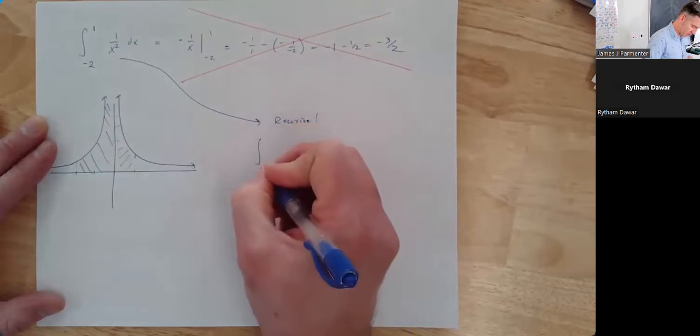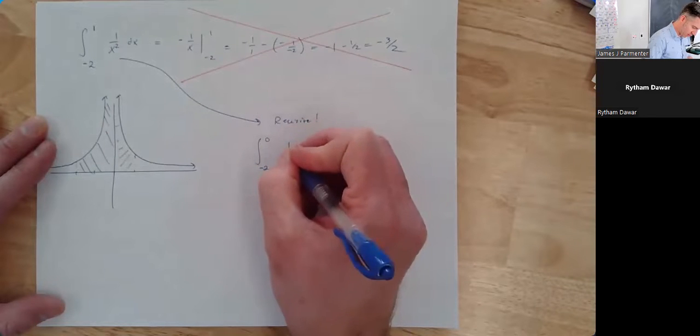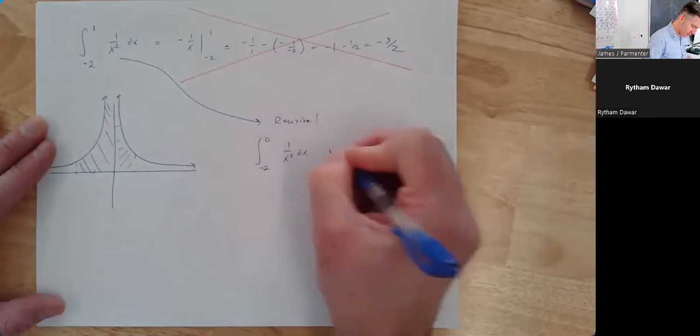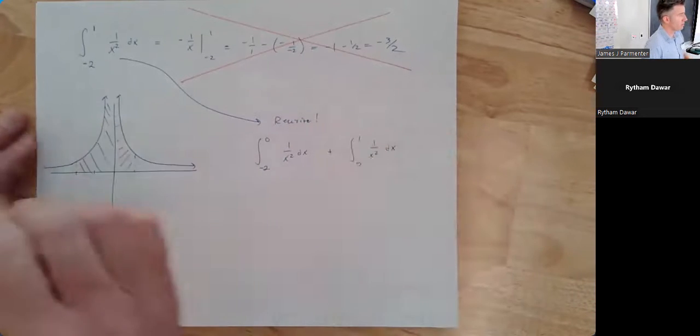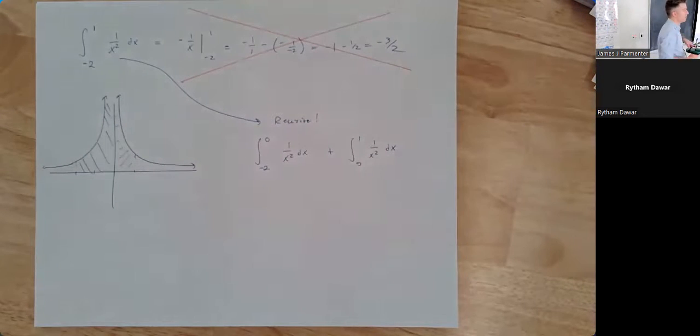Integral from -2 to 0 of 1 over x squared plus the integral from 0 to 1 of 1 over x squared. Now let me ask all of you: generally, when you anti-differentiate x to a power, your new function is just one larger power, right? The integral of x to the -2nd is going to be x to the -1st.